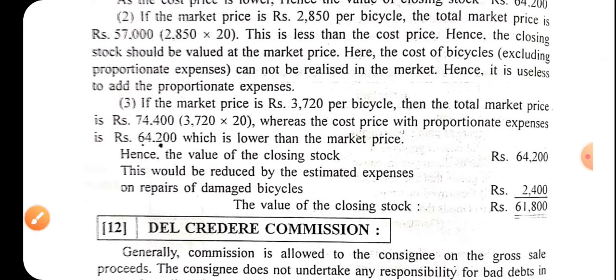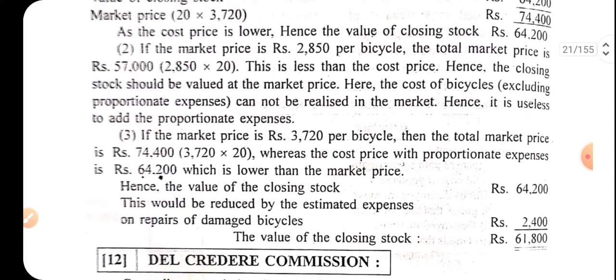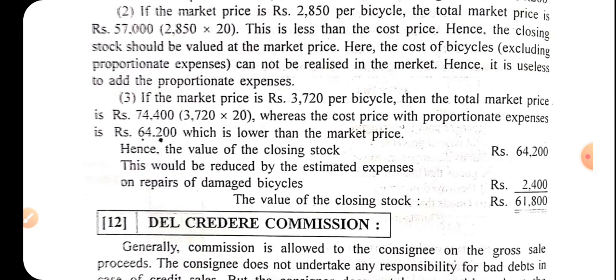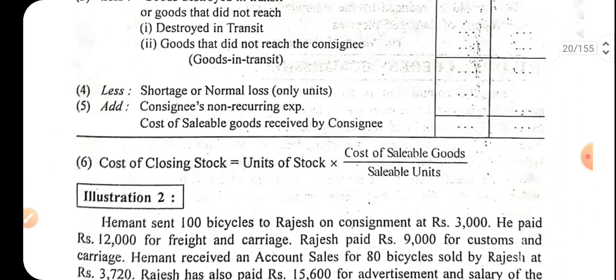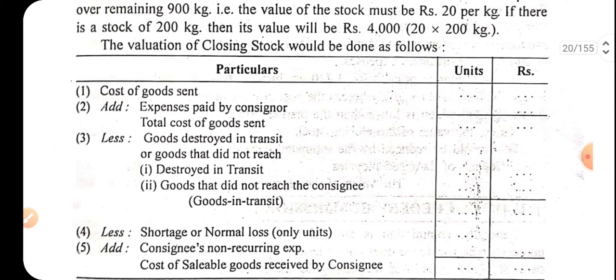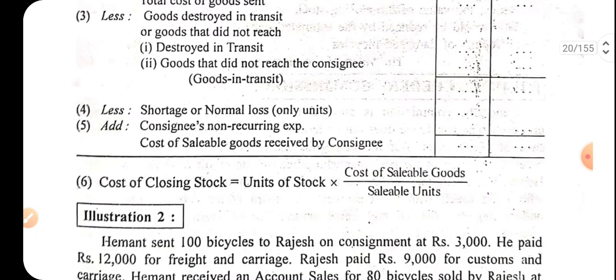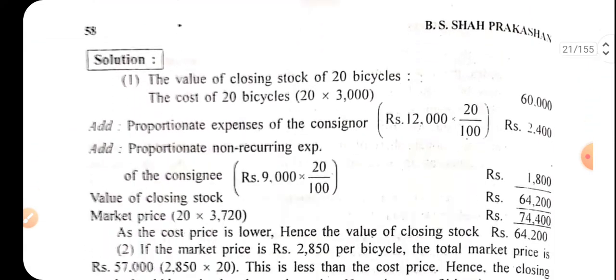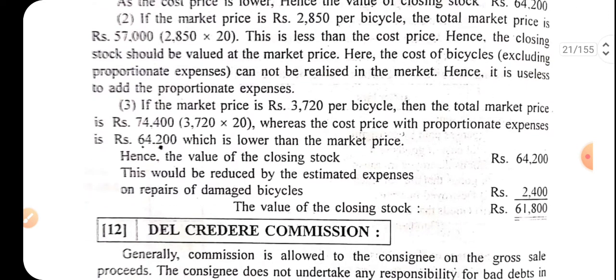So the cost price of the same bicycles is 64,200, and from that we are deducting 2,400 repairing charges, as we discussed in the above table. Repairing charges need to be deducted. So from 64,200, 2,400 is deducted, and the value of closing stock as per the cost price is 61,800.